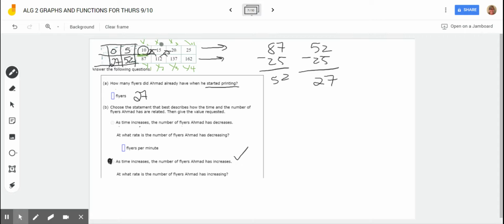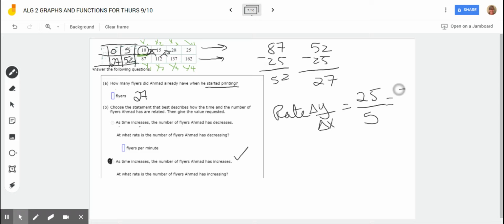Okay, at what rate? Well, again, remember the rate is y over x. Okay, change of y over change of x. And in this case, we're talking about flyers. So we are going up 25 flyers for every 5 minutes.